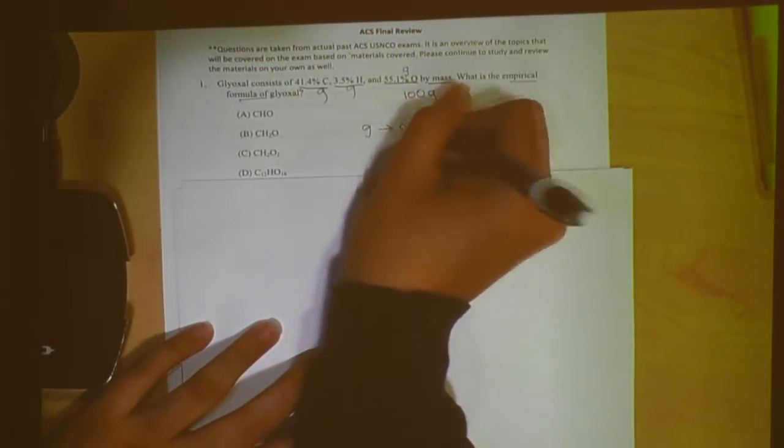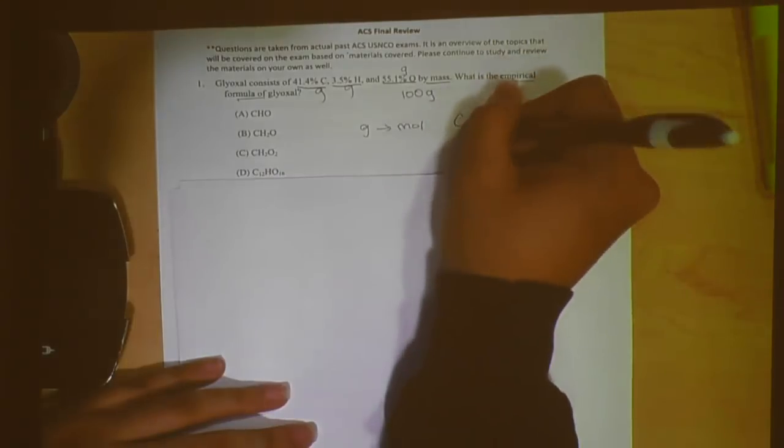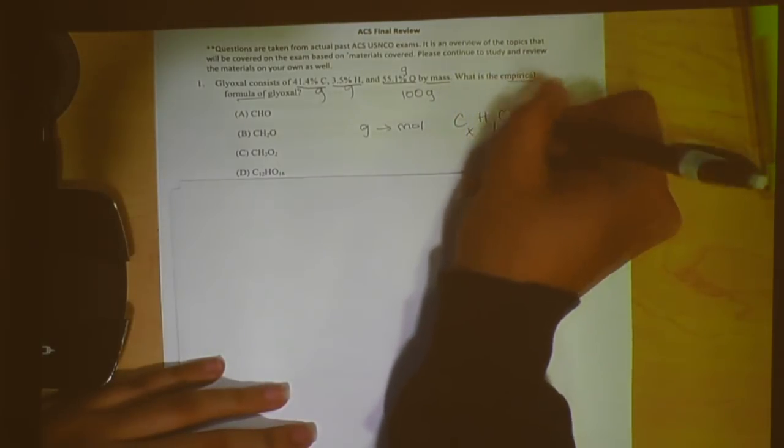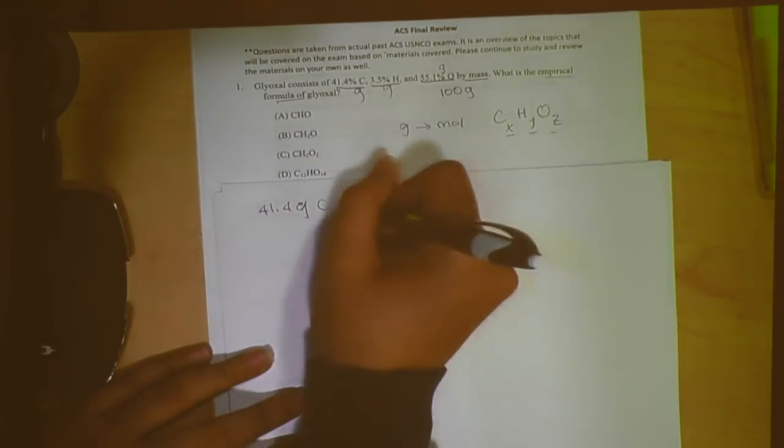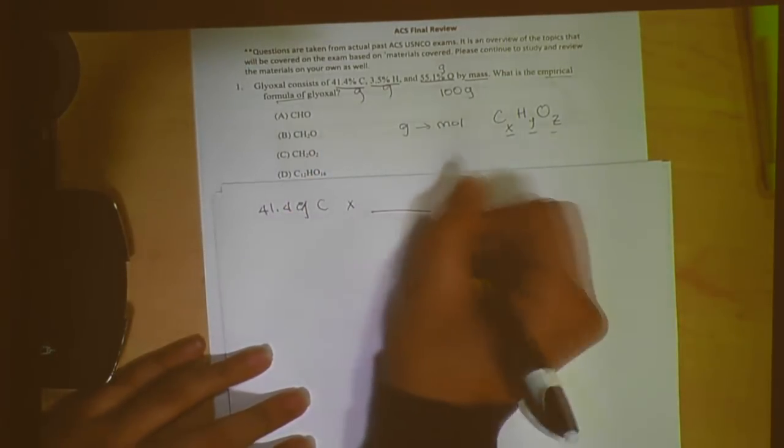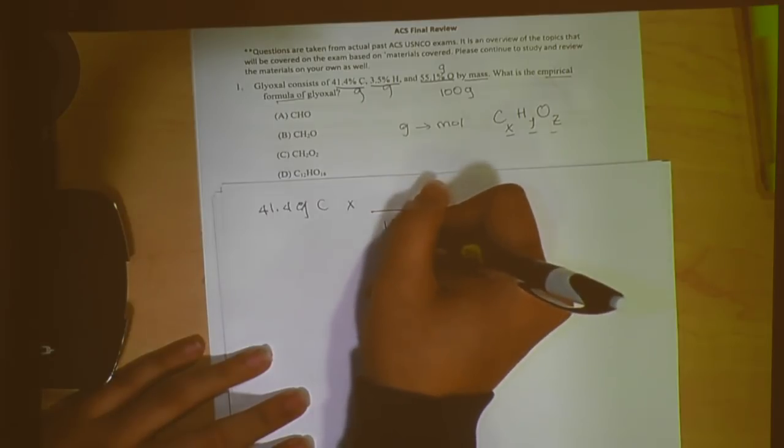Basically, the first step is always to convert from grams to moles, because we're always going to have to work with the moles, and that's how we figure out the empirical formula. Because it's going to come out to be something like CxHyOz. And now we're trying to figure out x, y, and z. Okay? So the 41.4 grams carbon, you're going to divide by the molar mass of carbon, which is 12.